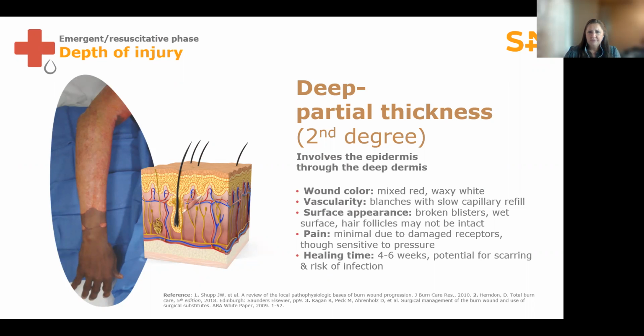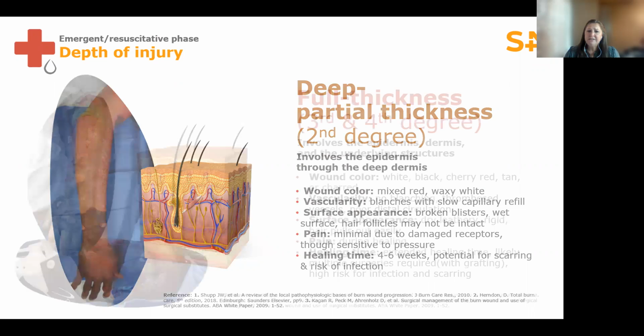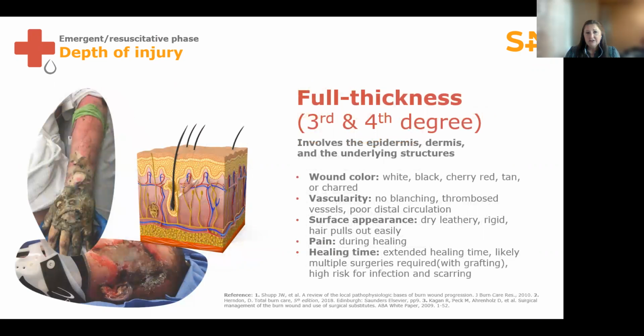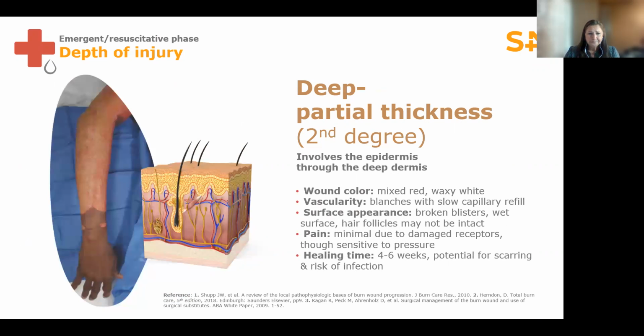And we have probably broken blisters, a wet surface, and we're very susceptible to infection. Pain is minimal, not gone, but minimal due to the damage to the receptors, though it is still sensitive to pressure. And we know that in any burn, it's never one depth because the surrounding areas may not be as deep. So it's not void of pain, but it is dull in sense. This can heal in 4 to 6 weeks with proper care. There is potential for scarring.